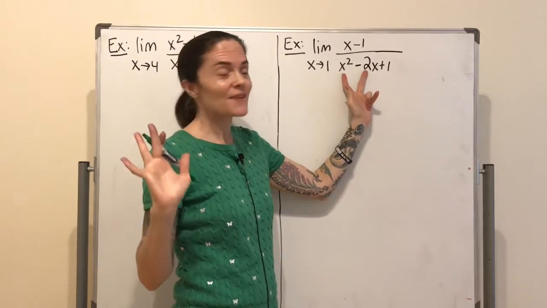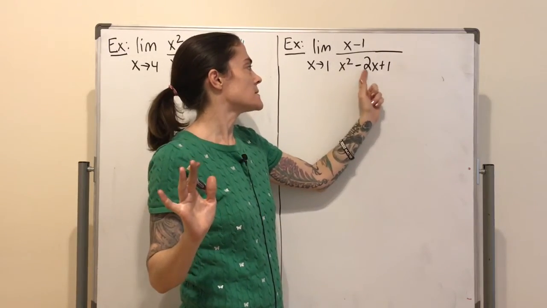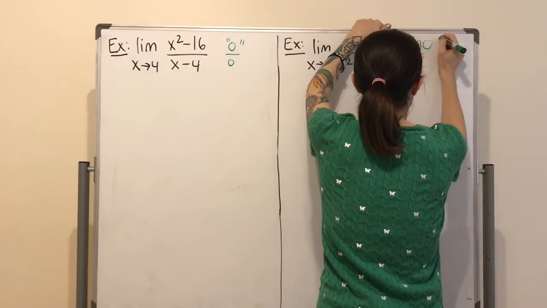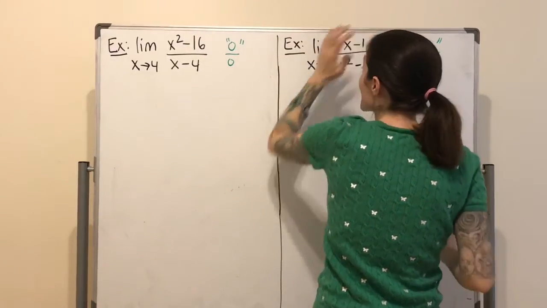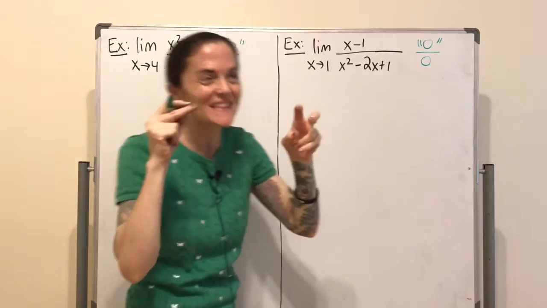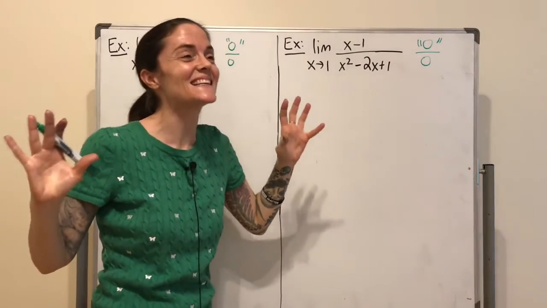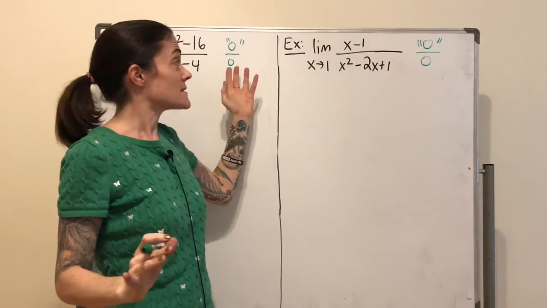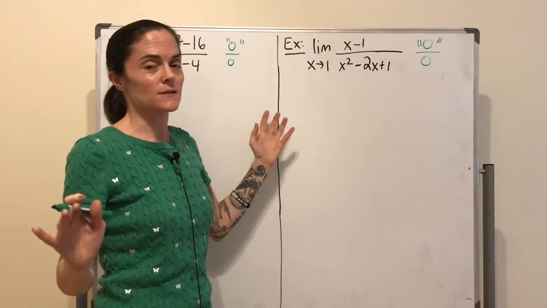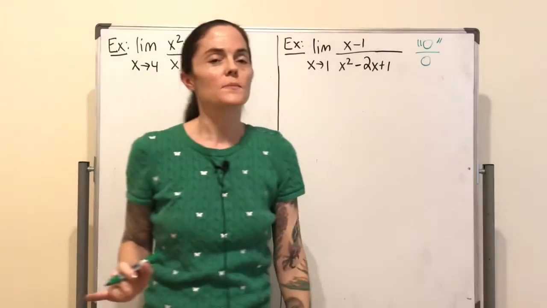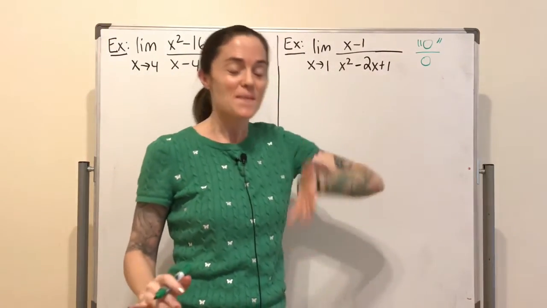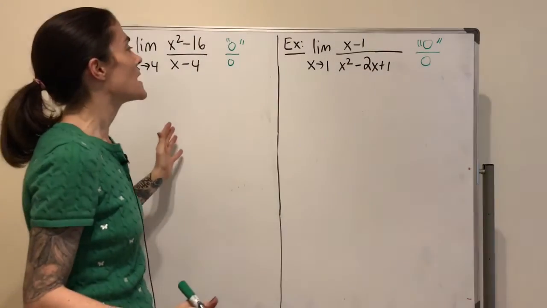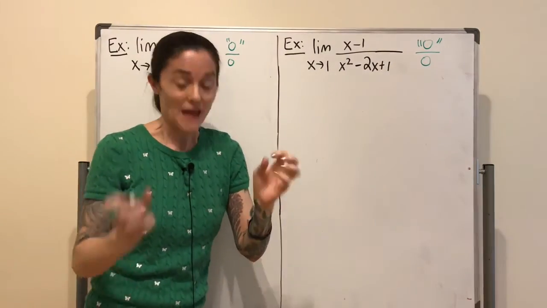Evaluate the denominator at 1. You get 1 minus 2 plus 1, 0. Okay, so we get 0 over 0, in this case 2. And I put it in quotes, 0 over 0, because this is indeterminate. This does not mean the limit does not exist. Don't just answer that and walk on, because maybe the limit exists, maybe the limit doesn't exist. You don't know.